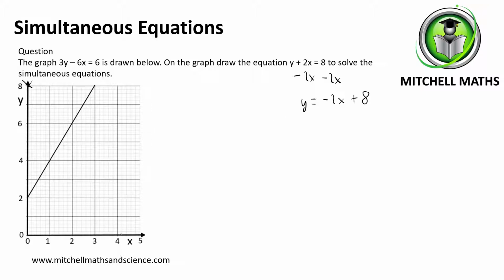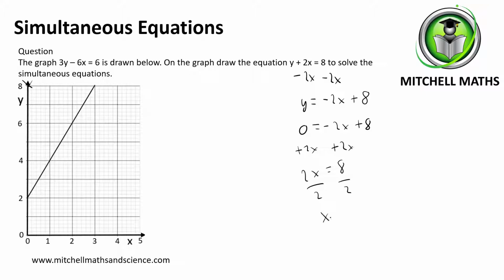I'm also going to have a look at the x-intercept because that'll probably be quite an easy point, because at the x-intercept, the y value is 0. So I'm going to add 2x to both sides. 2x equals 8. And divide by 2.